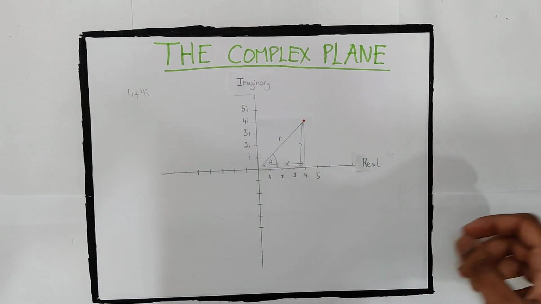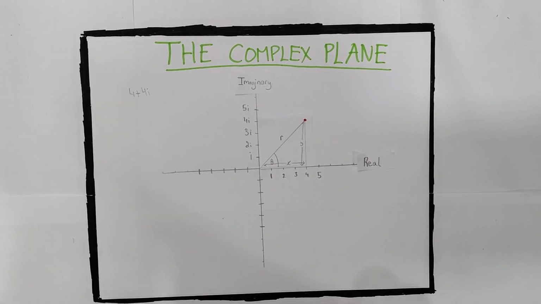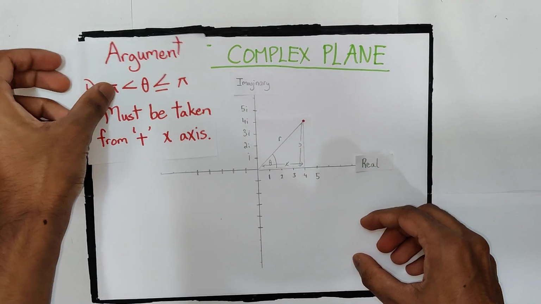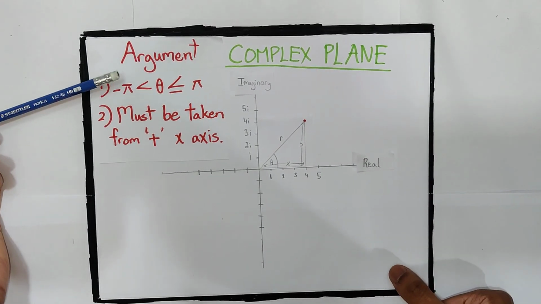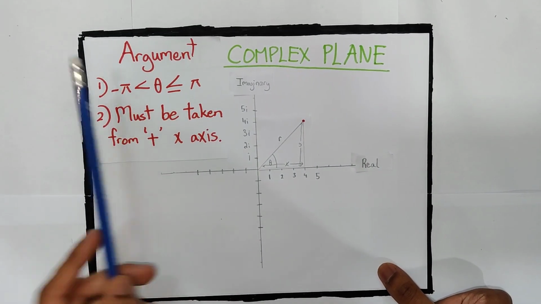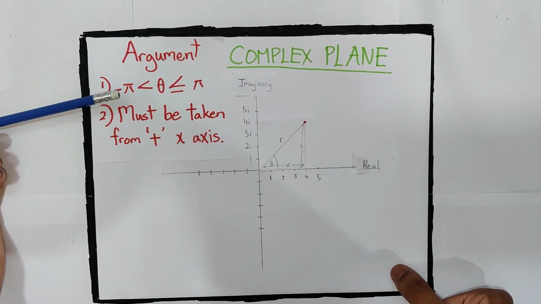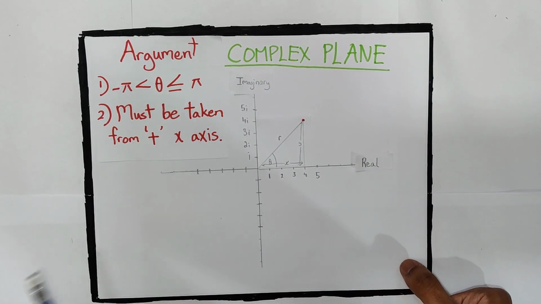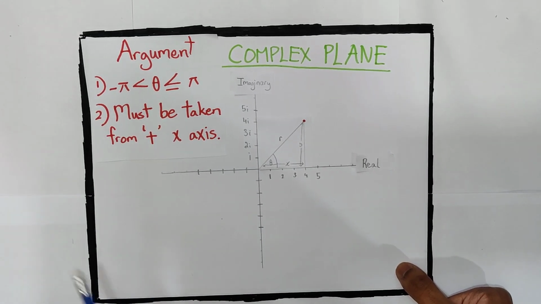Now we need to set some standards for the argument, otherwise things will start to get a little bit confusing. So the argument, firstly, will be in between pi and minus pi radians. We don't use degrees, we use radians in complex numbers. And also it must be taken from the positive x-axis. How do we get a negative angle?